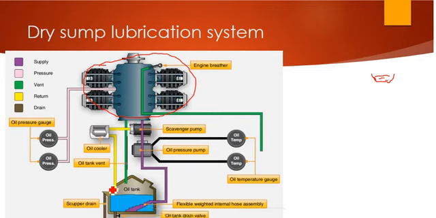Here we have the oil tank, or we can call it a sump. From the sump, the scavenger will suck the oil. The scavenger will be like this, with a pipe connection.